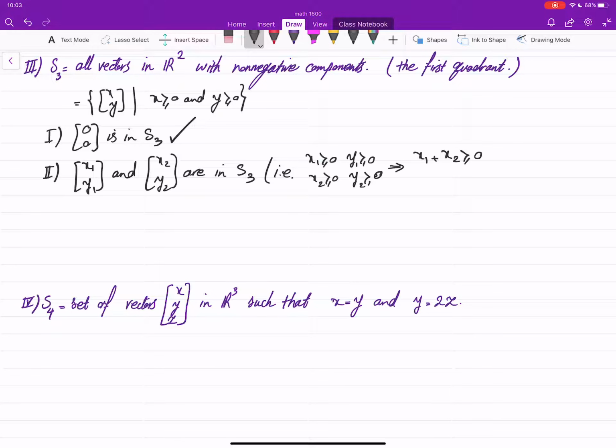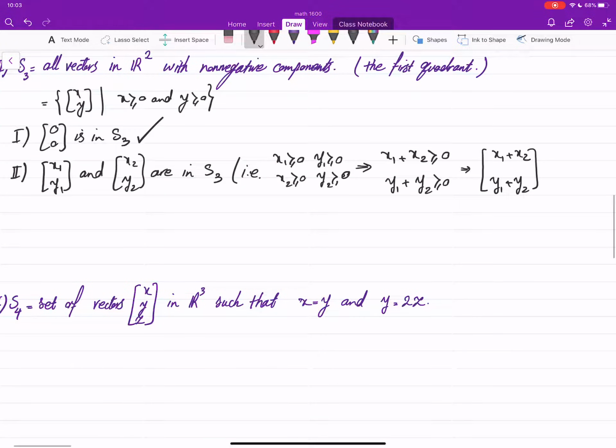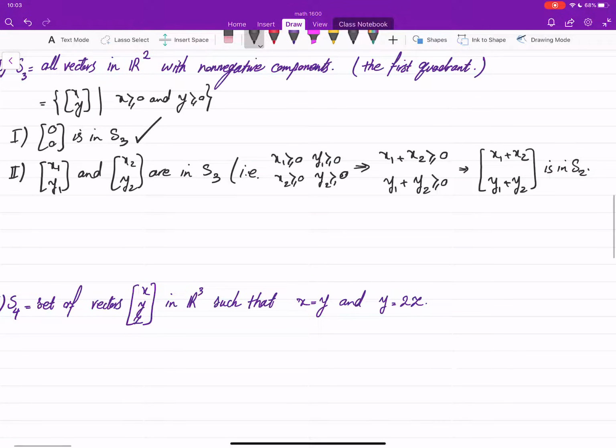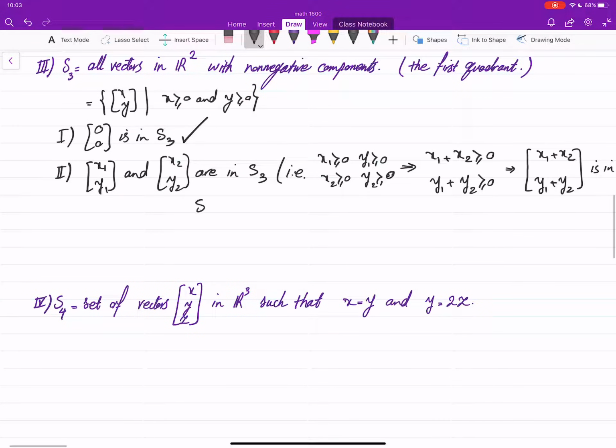You're adding two non-negative numbers, you will get a non-negative number. And y1 plus y2 is non-negative. From here, you can see that these are the first and second components of the addition vector, and it is in S3. So this means that S3 is closed under addition.